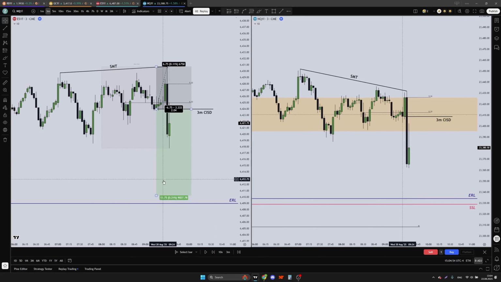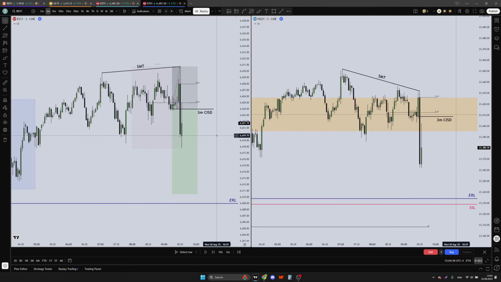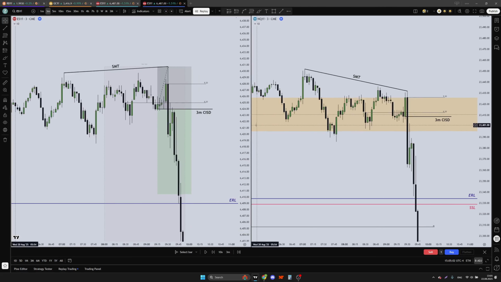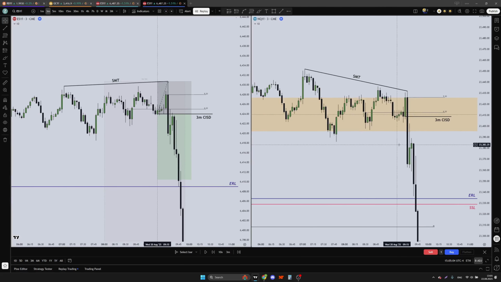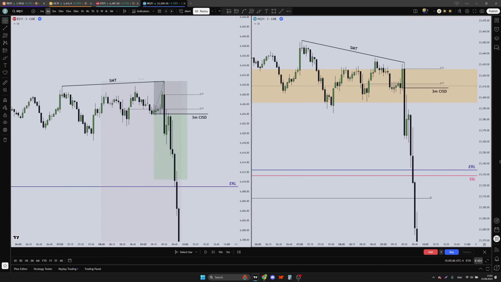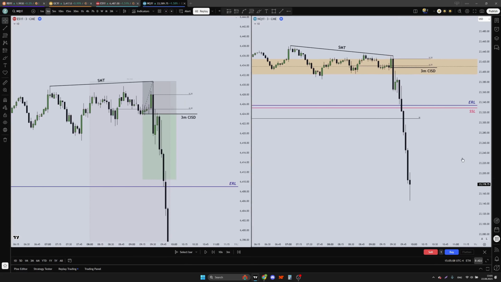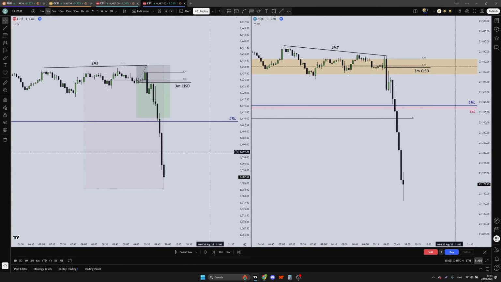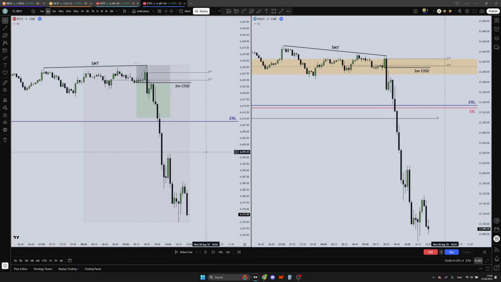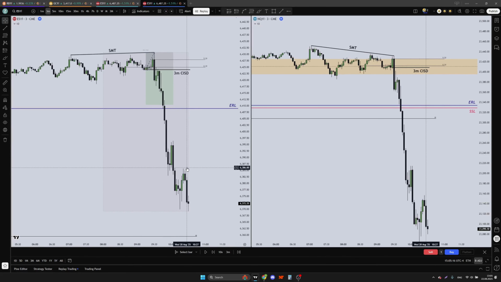So I was tagged in, and I was looking for 2R only. And after that, price just melted super quick, super simple and easy trade. So both NQ and ES took the targets, and they expanded way below. I didn't catch any of this, but I don't even care about that. I just need my 2R and to do the same thing.